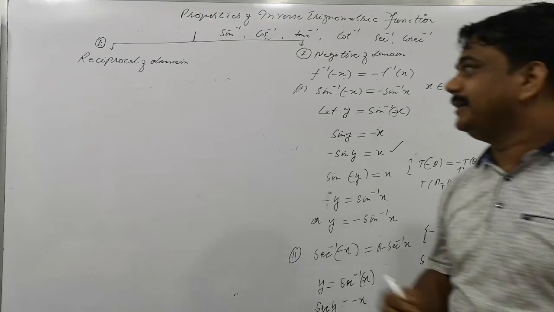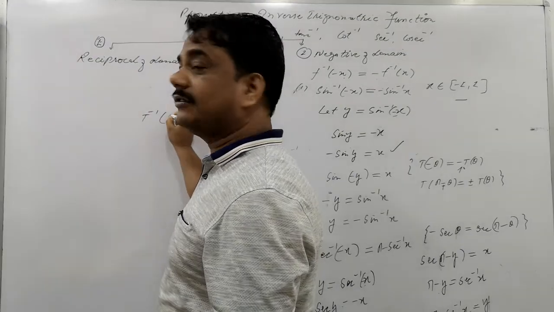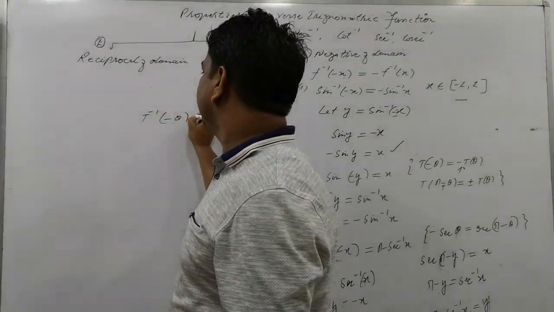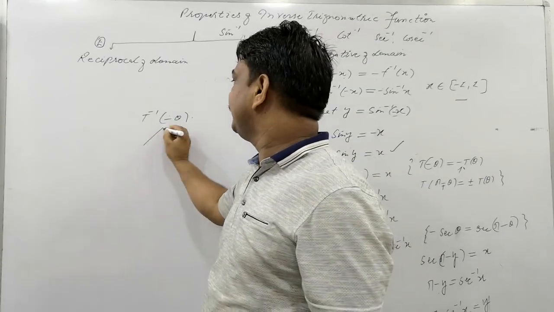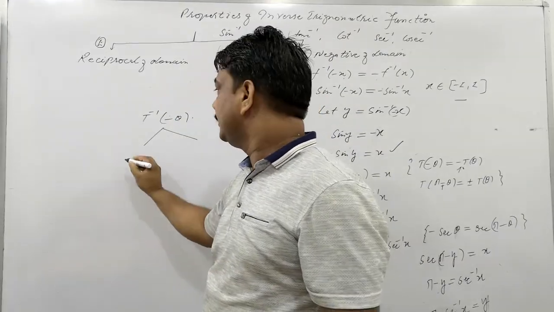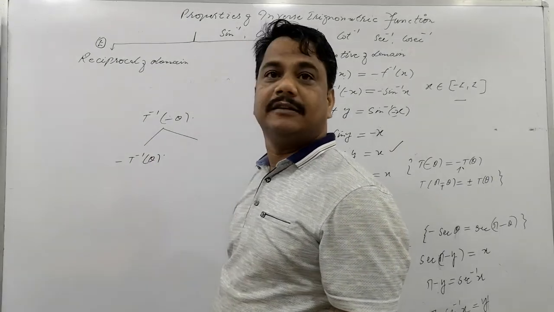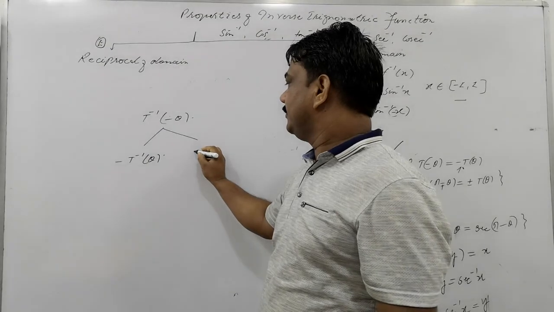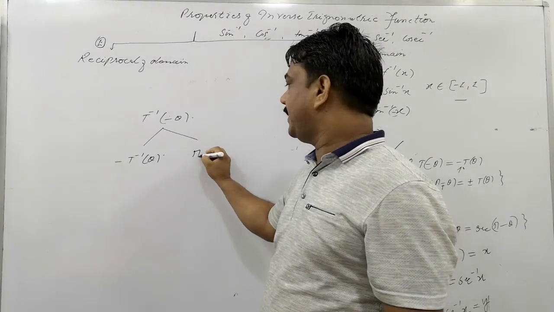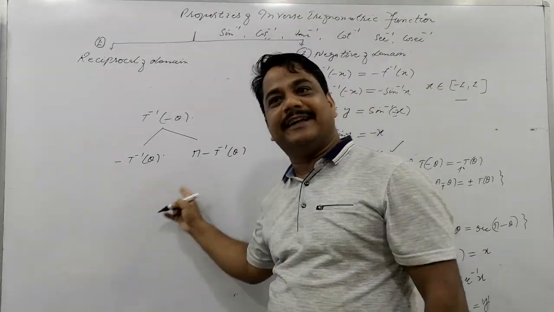Is that clear? Means what the conclusion? The conclusion is here, look please: T inverse of minus theta can be classified as minus of T inverse theta. And also can be written as pi minus T inverse of theta. The two ways are there.